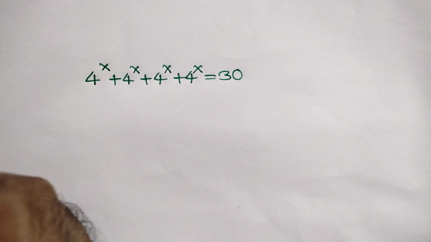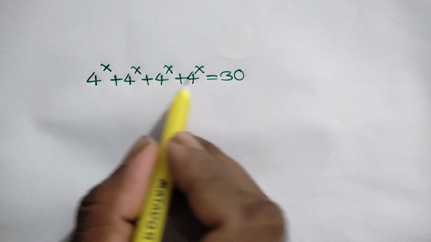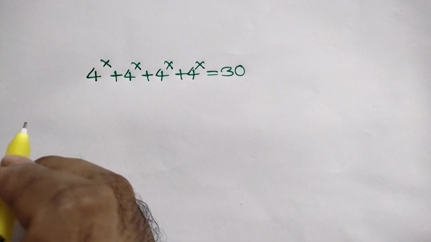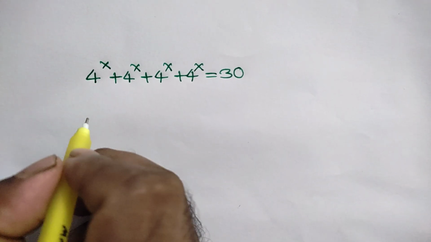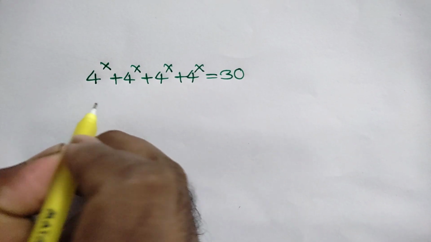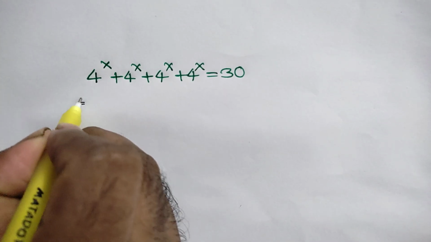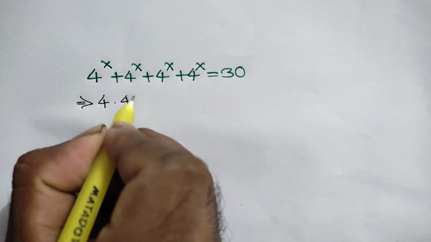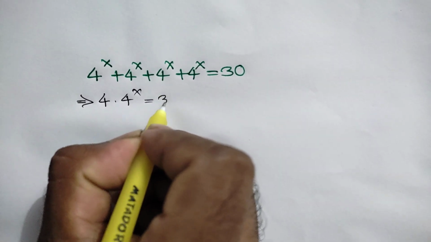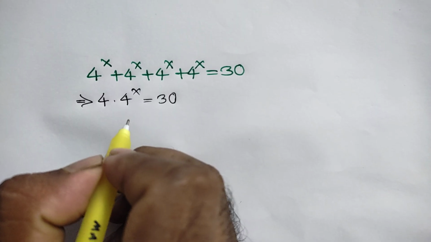Notice that every term is the same. So we can factor out 4 to the power x. So the question becomes 4 times 4 to the power x is equal to 30.